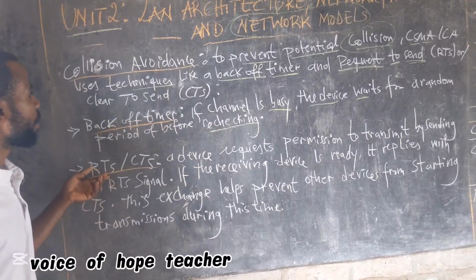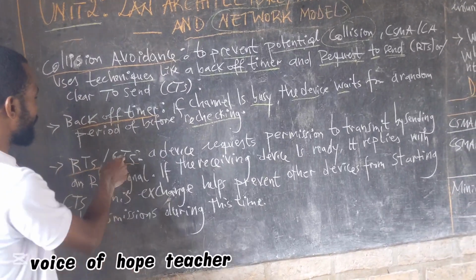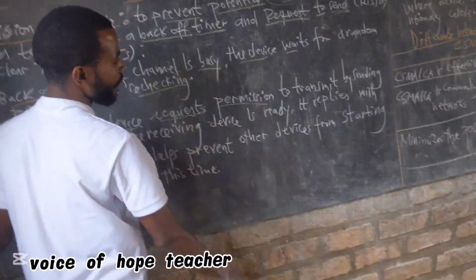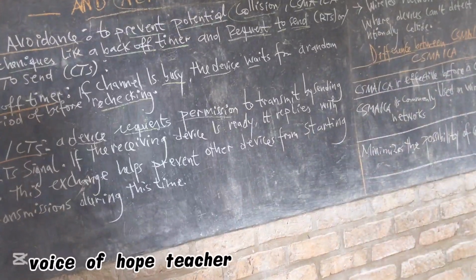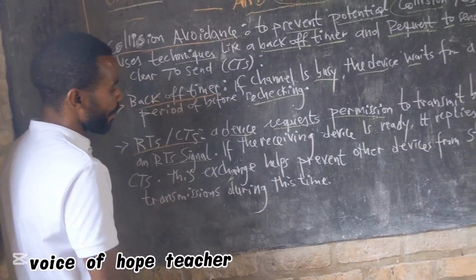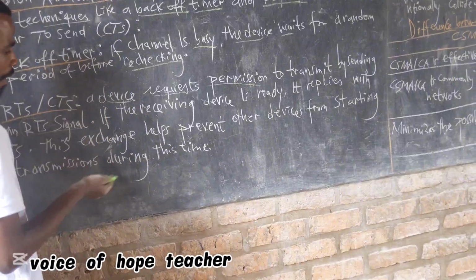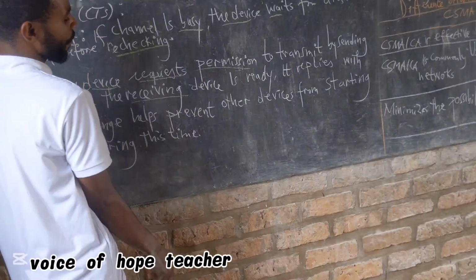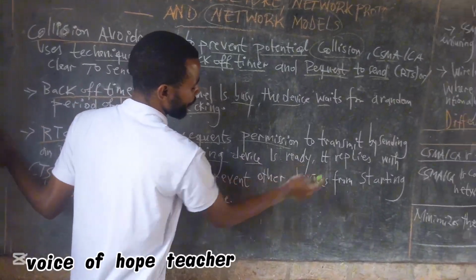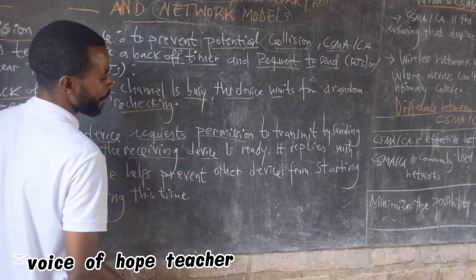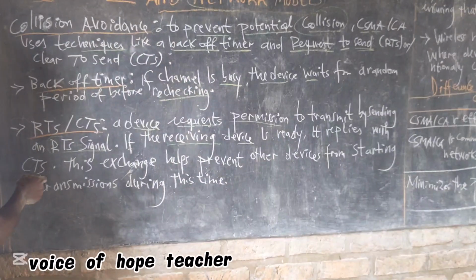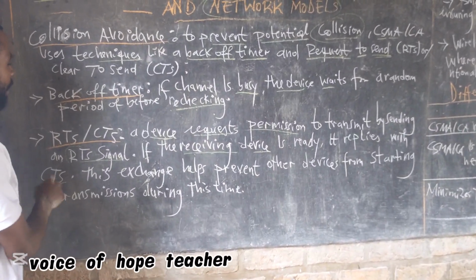Now we get to request to send and clear to send. Device yaka uburenganzira bwo gutransmitting, ikabikora yohereje signal yitwa request to send. Iyo device iri ready yo kwakira, it replies with CTS, clear to send signal.